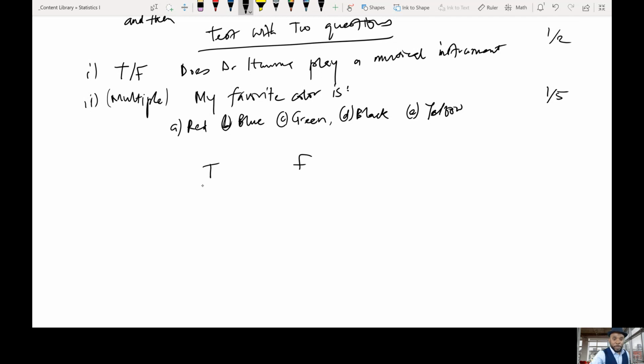And then if it's true, it can either be A, B, C, D, and E. And if it's false, next it can either be A, B, C, D, and E. And so with these, we can create the sample space. What would the sample space look like?